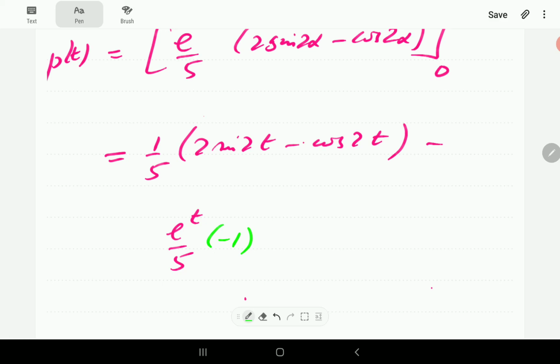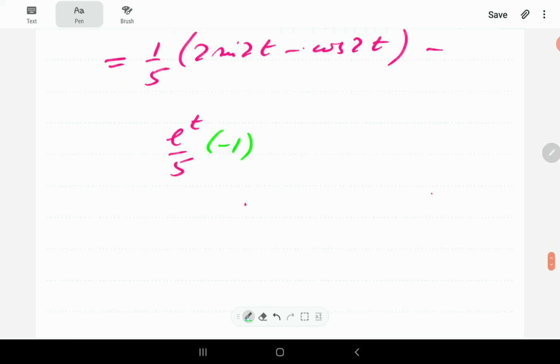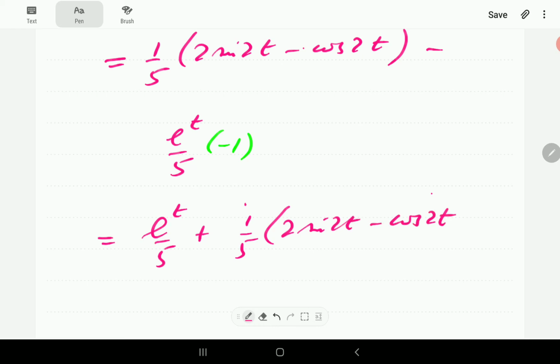So at the end of the day, our Laplace transform is going to be e to the t over 5 plus 1 over 5, 2 sine 2t minus cosine 2t.